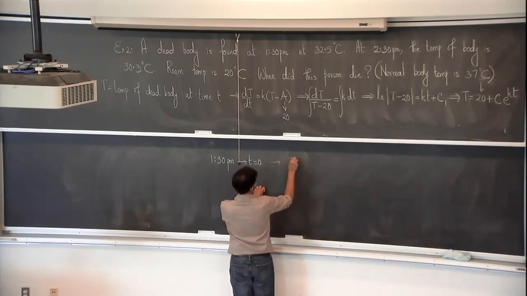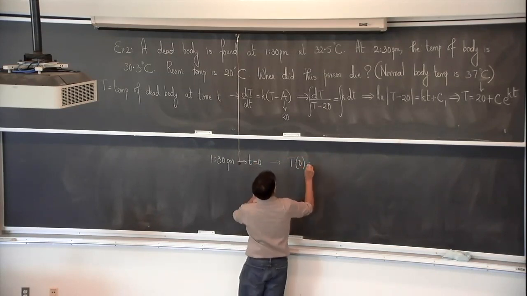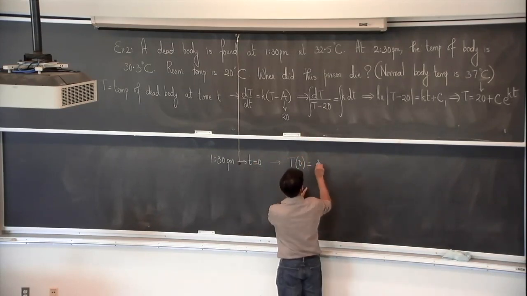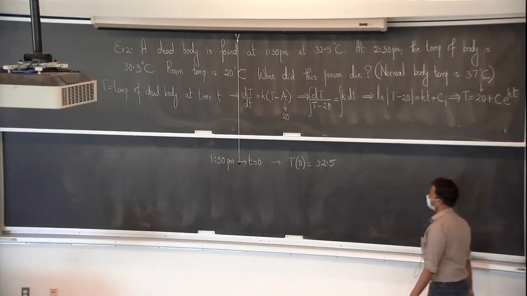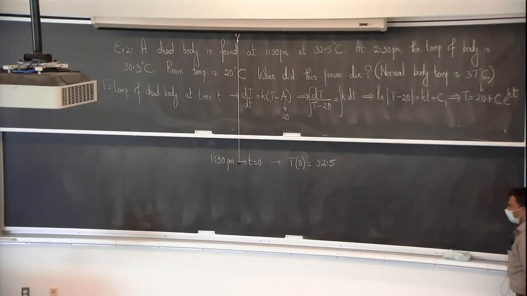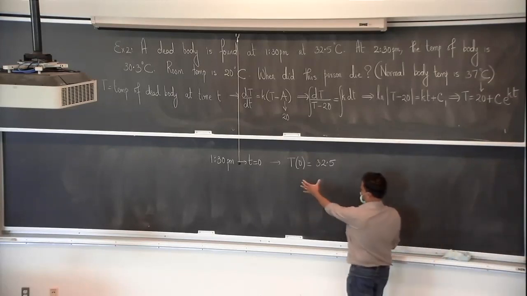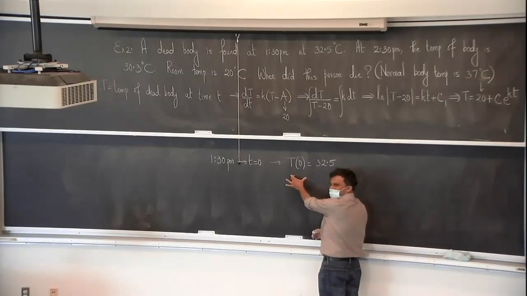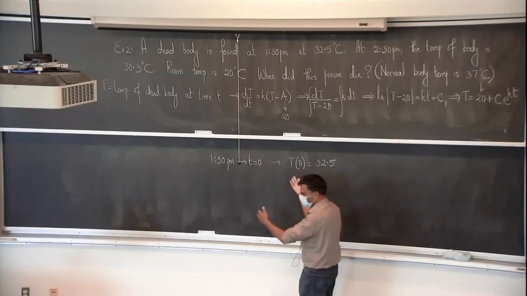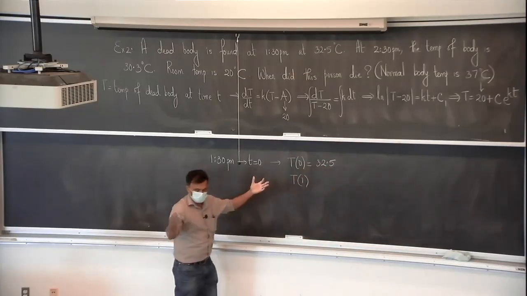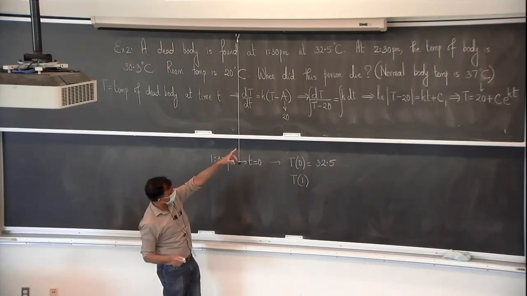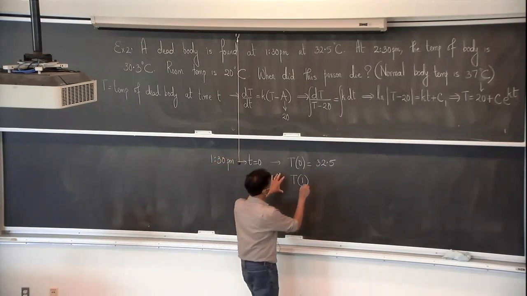So based on this, T of 0 is going to be 32.5. So how do you write the value at 2:30 p.m.? What is the mathematical way of representing that here? Yeah, T of 1, because we just need to do it in terms of hours. Okay, you don't have to convert this into minutes or seconds and complicate things. So T of 1 is equal to 30.3.